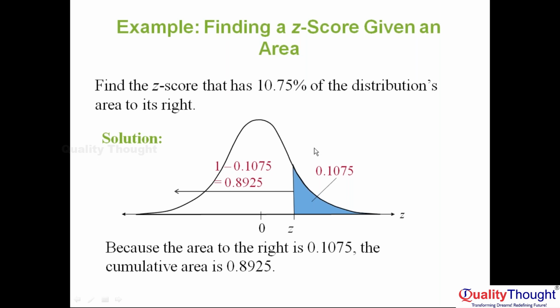This 0.8925 is going to be the main value of the rest of the curve from the left hand side. So now you need to identify the Z score. Tell me the Z score immediately for this. Okay, Raju is saying 1.24. Anyone else?